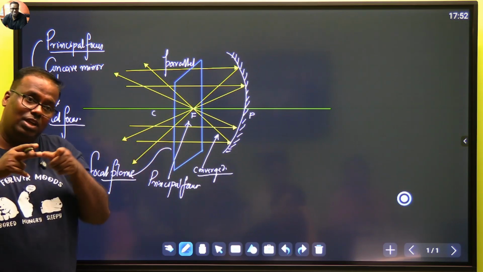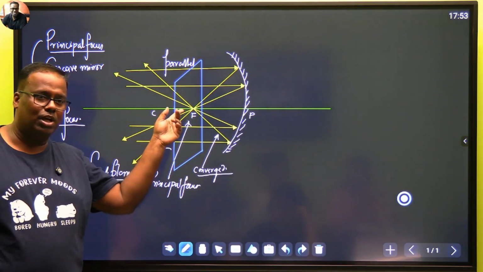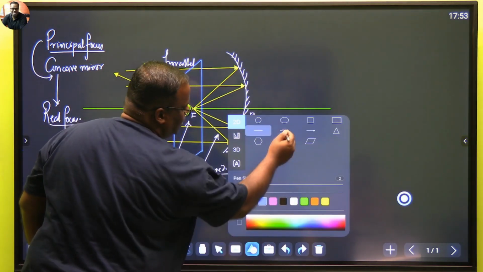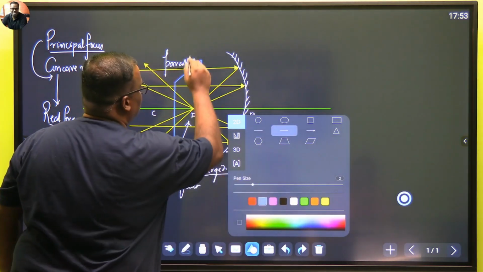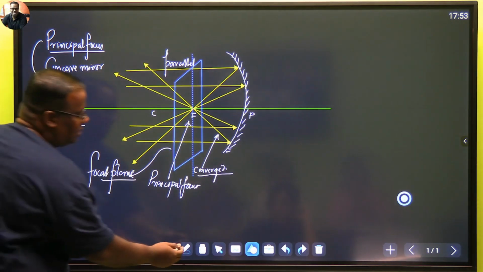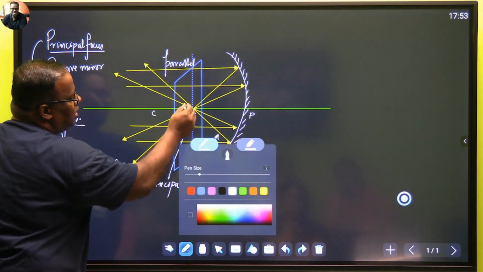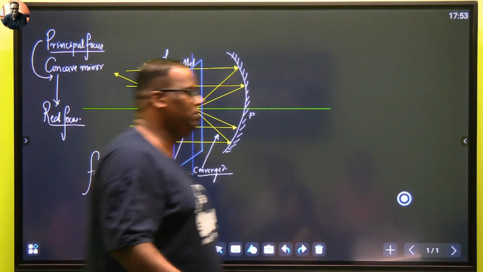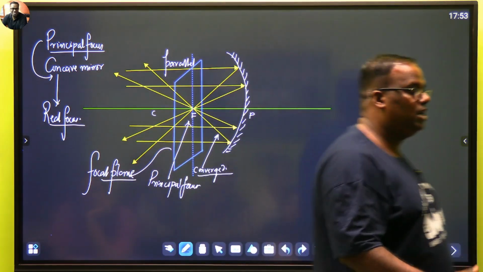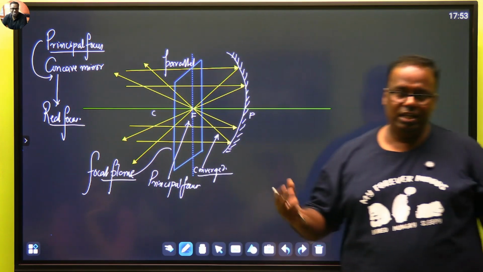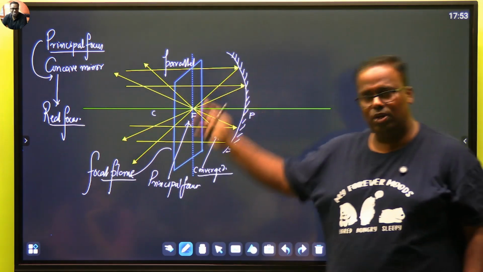Then also they will intersect, not at the focus, but exactly on a line which is the axis of the focal plane. तो वो कहाँ intersect करेंगे पता है? Then they will be intersecting either here, here, here, here. This is called the focal plane. So if you have a parallel beam of rays coming and hitting a concave mirror, their intersection will always happen on the focal plane.